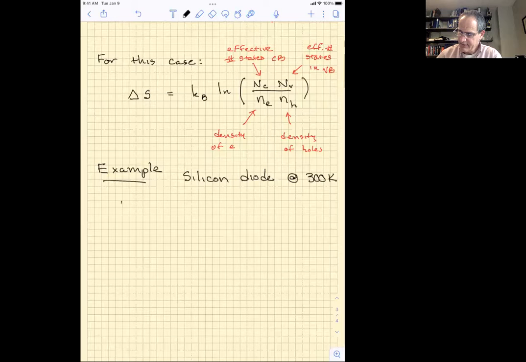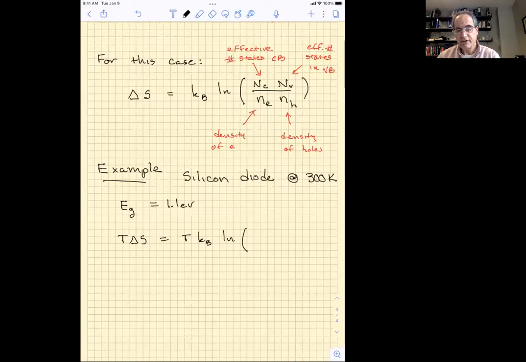Then we know some things. We know that the band gap in silicon is approximately 1.1 electron volts. And now we have an expression for T times delta S. So this should be T times Boltzmann's constant times, and we have the expression right here, the natural log of these densities.